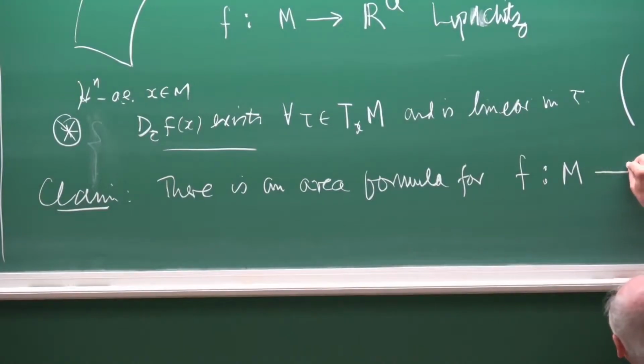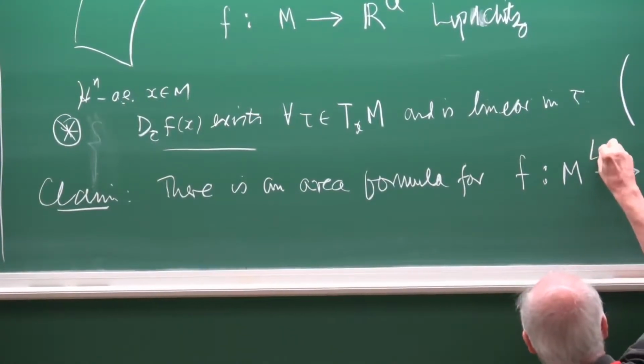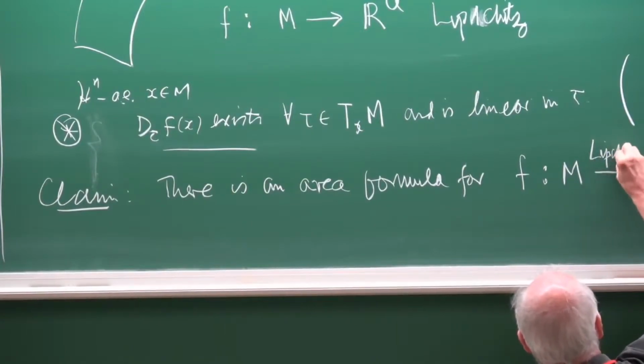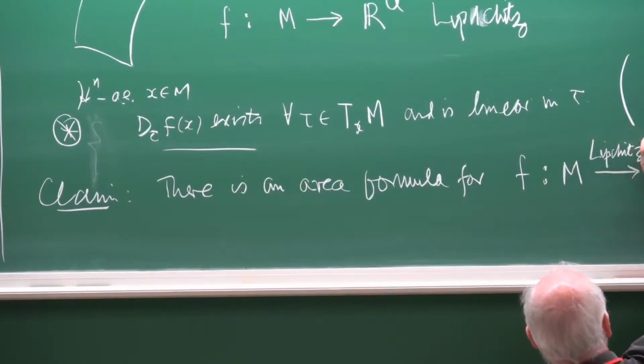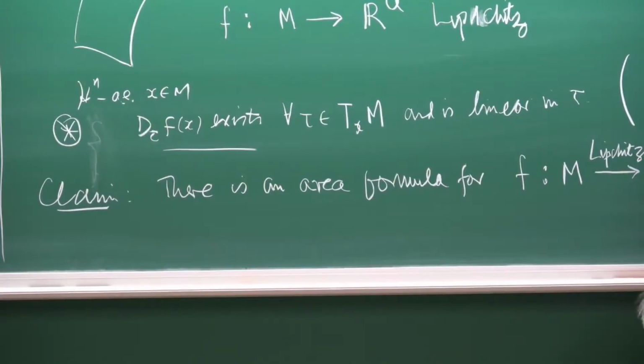You've got to be mapping into a higher dimensional Euclidean space. So this has got to still be Lipschitz as usual. And this is mapping into Rm again as usual, with the usual condition that m has to be bigger than or equal to n. And the formula actually is identical to this.